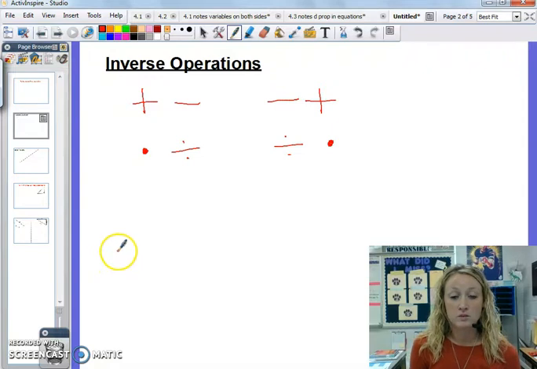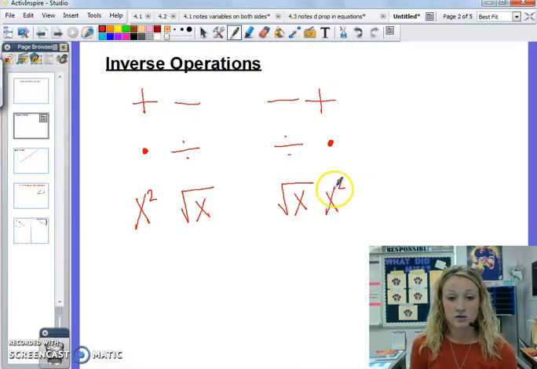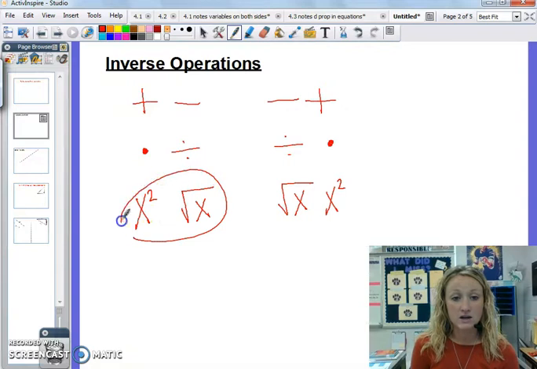And then one more that we really want to focus on today: the inverse of a squared number is the square root of that number, and vice versa. If you have the square root, the square is the inverse of that. So this is going to be a big inverse operation that we want to focus on when we go through the Pythagorean theorem today.